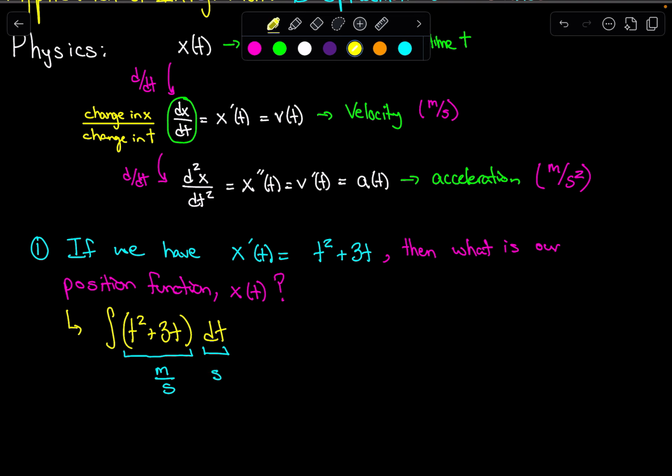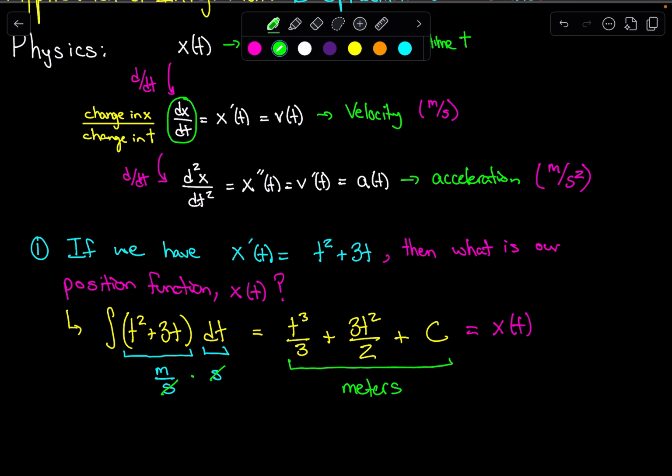So it kind of makes sense that when we solve this thing and we get t cubed over 3 plus 3t squared over 2 plus c, it kind of makes sense that this ends up being our x of t, because what are the units we would be left over with? Well, last time I checked, if you multiply meters over seconds times seconds, these seconds are going to cancel out, and that means that the resulting equation that we're getting is going to be in terms of meters, right? This is going to tell us our position at any time t.